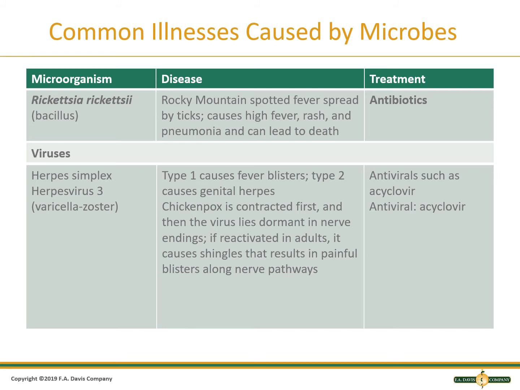Type 2 causes genital herpes outbreaks. And then chickenpox is contracted first, and then the virus lies dormant in nerve endings. And if reactivated in adults, it causes shingles that result in painful blisters along the nerve pathways. So that is the 3, the varicella zoster. And it is treated with antivirals.